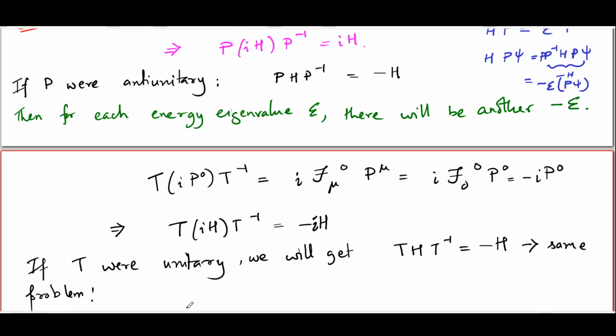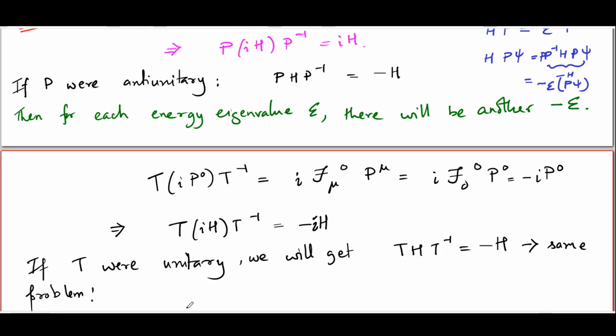In other words, if T were a linear unitary operator, I would have ended up with pairs of energy eigenvalues plus E and minus E, leading to negative energy eigenvalues below the vacuum energy, also an unstable system because there would be no lower bound on the energies.